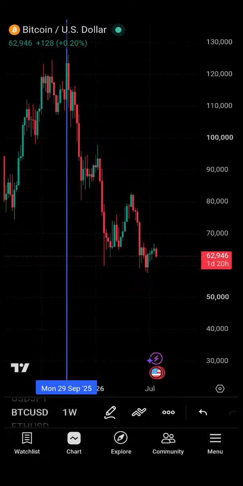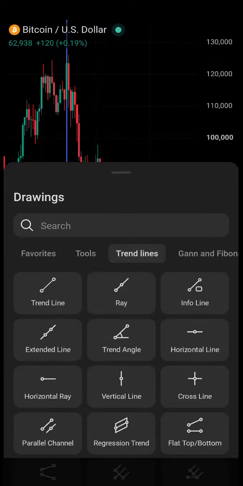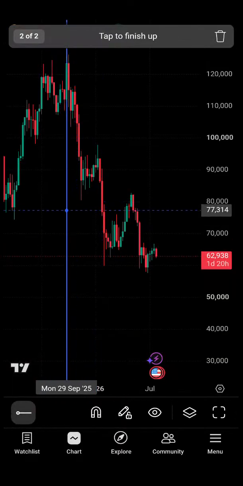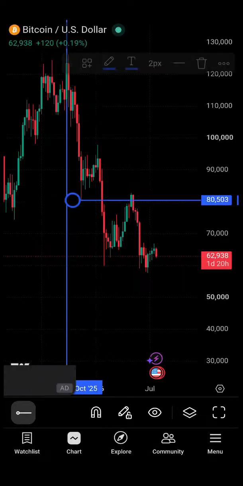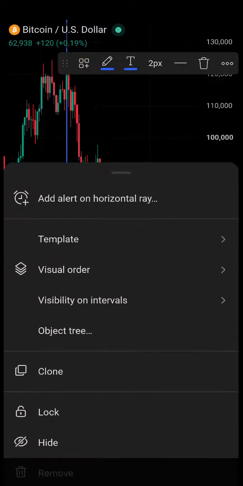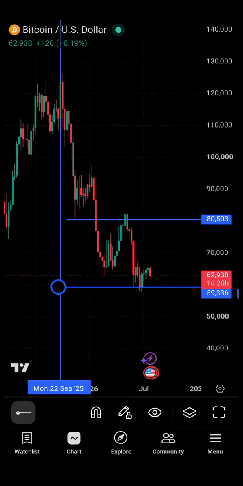Since Bitcoin has been creating lower lows and lower highs, we have a break of structure here, and it moved towards the downside, and we have the last break of structure around here.